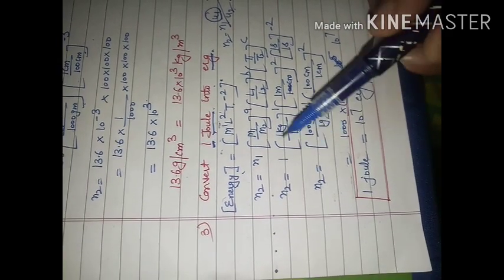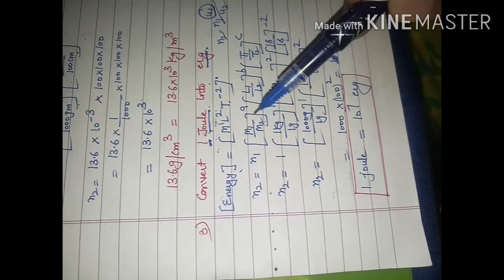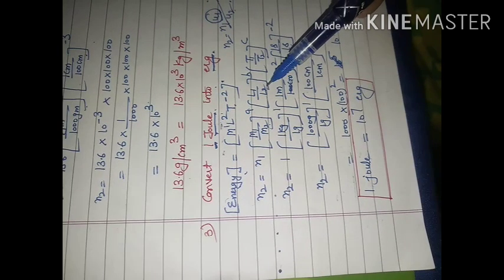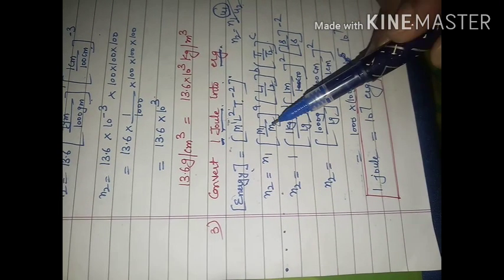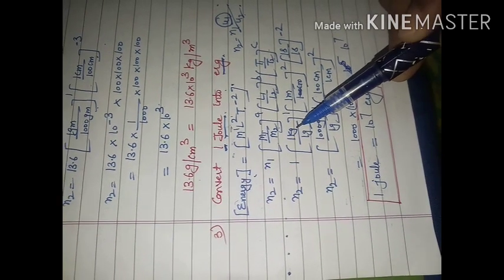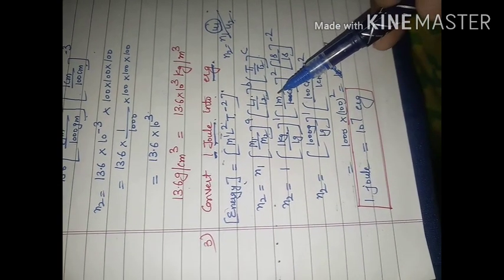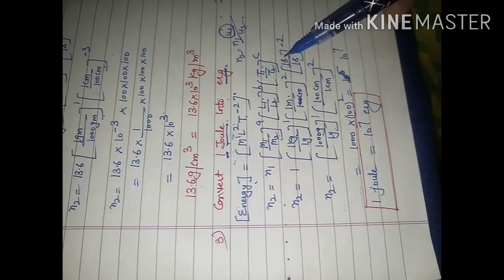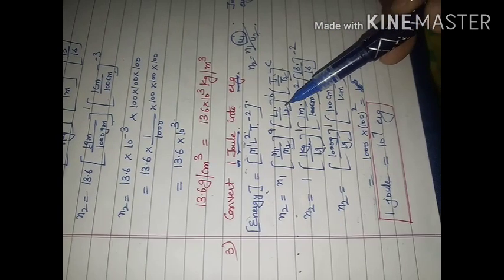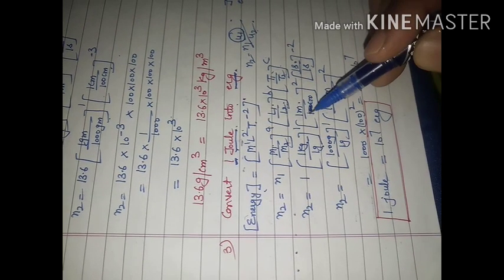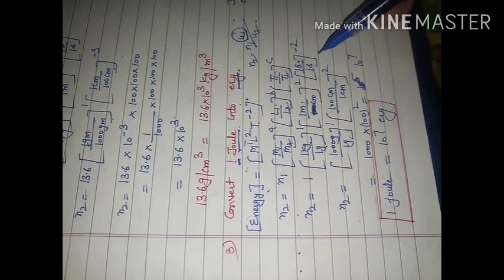So N2 is equal to N1, M1 upon M2 raised to power A, L1 upon L2 raised to power B, T1 upon T2 raised to power C. In SI system, mass will be measured in kilogram, length will be in meter, time will be in second. In CGS system, mass will be in gram, length will be in centimeter, and time will be in second.